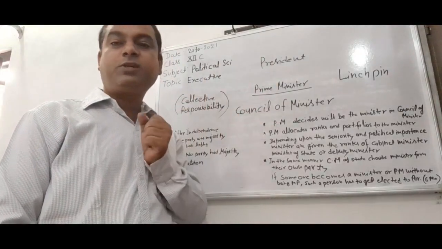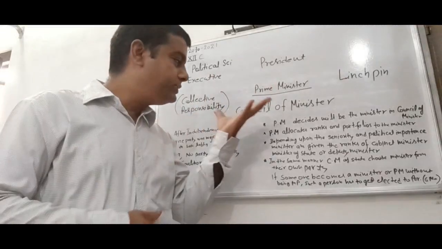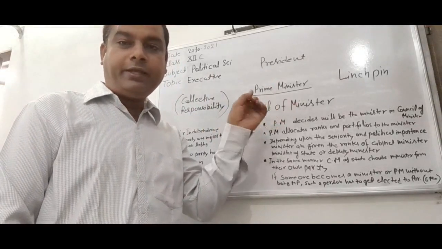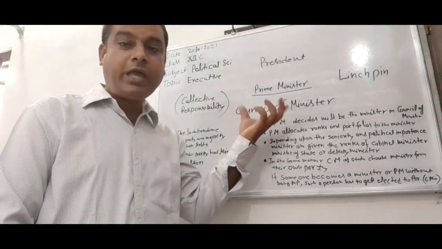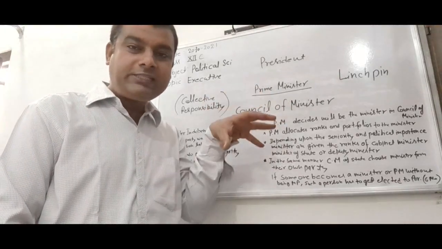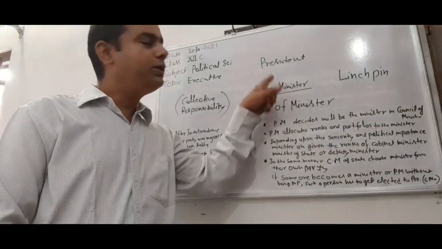And it is the responsibility of the Prime Minister to inform about the decisions taken by the Council of Ministers, and the administrative decisions taken by the Council of Ministers, to the President.